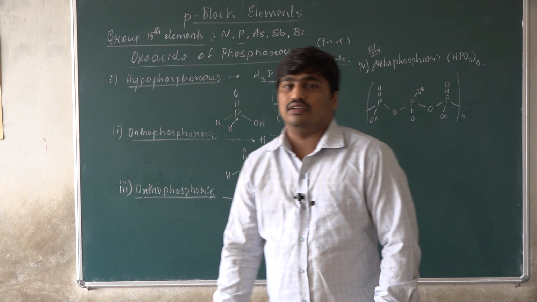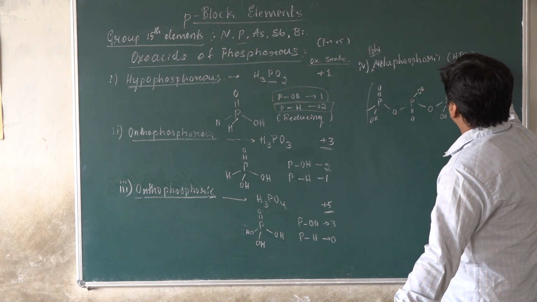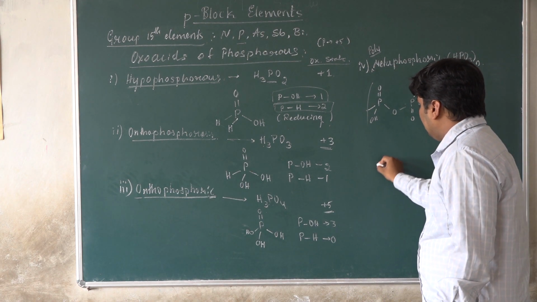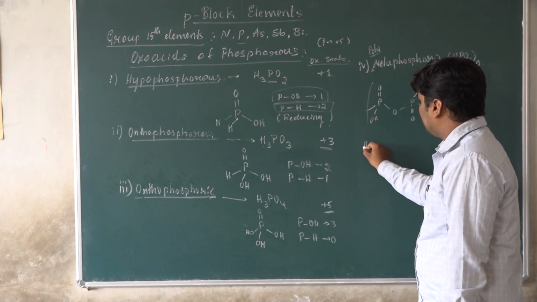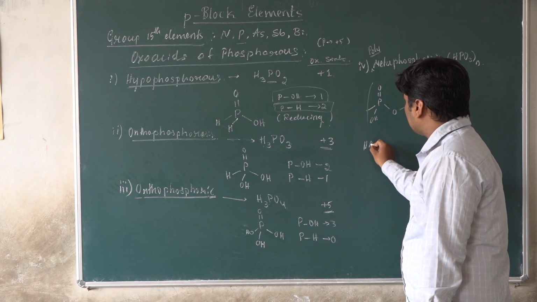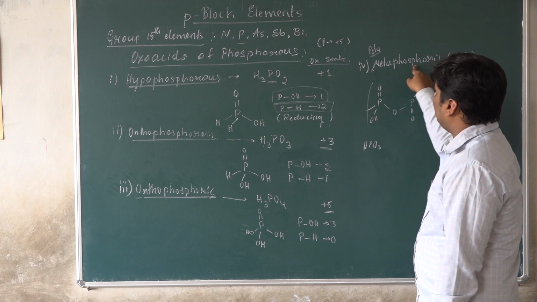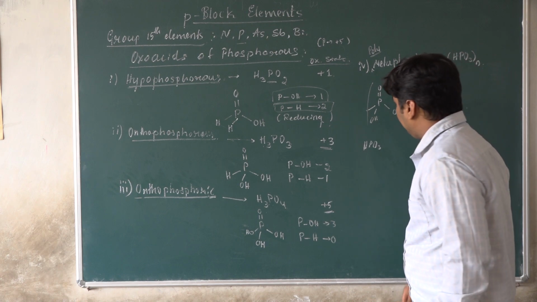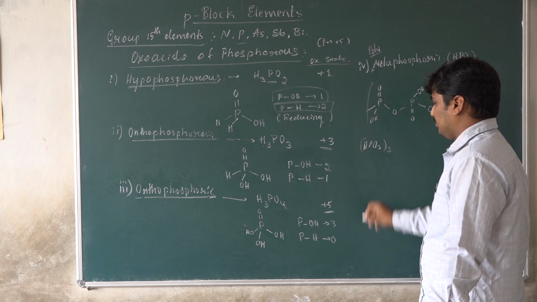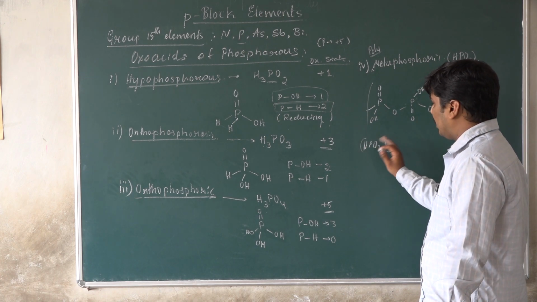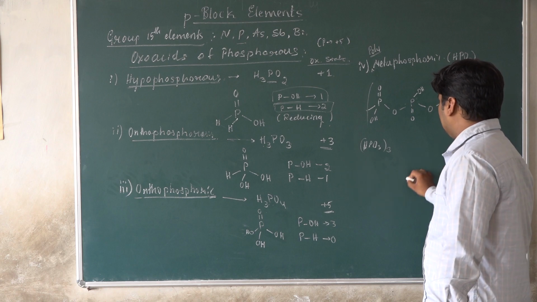If we consider n is 3, then they undergo cyclization, giving cyclic phosphoric acid, (HPO3)3. How will it become cyclic?